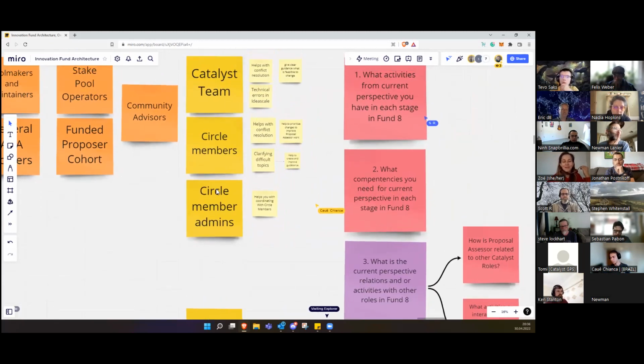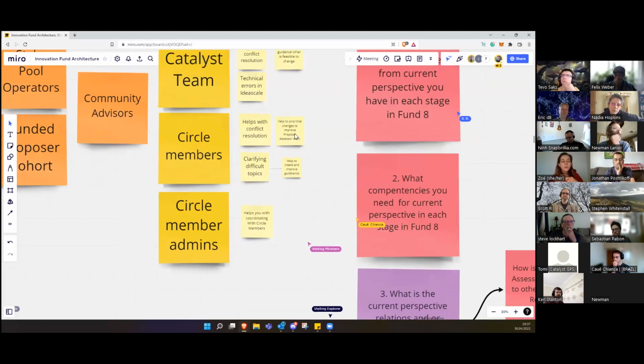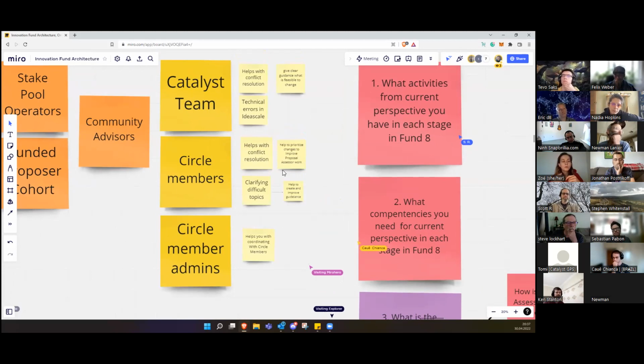I suppose also, Tiva, the problem sensing rubric, which Nadia is also working on, could plug in there. I'm not sure how. How are problems sensed from the community into Circle? There is already work going on on that.